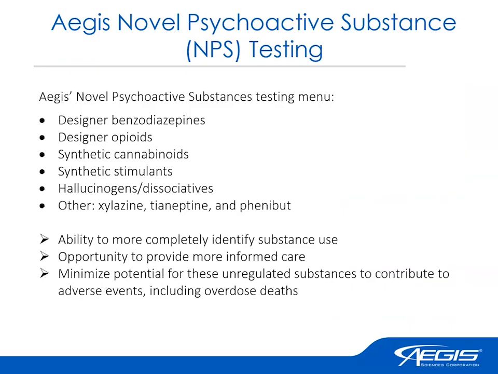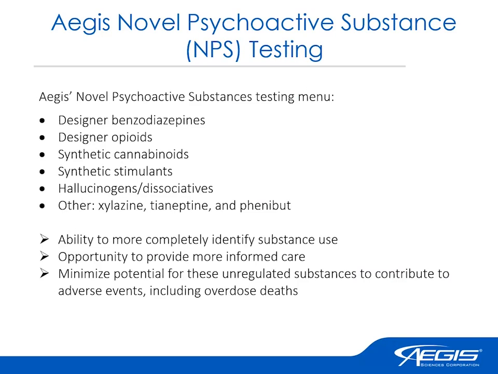Aegis launched an extensive and industry-leading testing menu of novel psychoactive substances in mid-2020, which includes designer benzodiazepines, designer opioids, synthetic cannabinoids and stimulants, hallucinogens and dissociatives, xylazine, tianeptine, and phenibut.